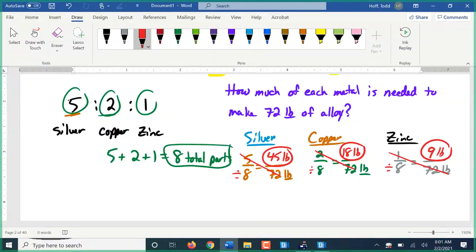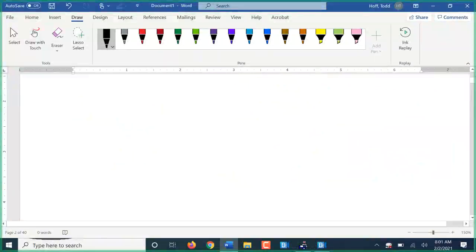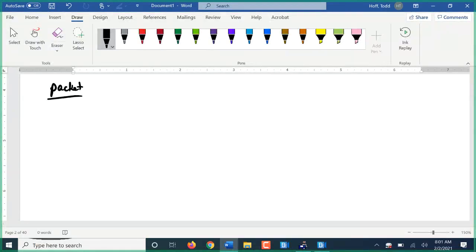Another place where these ratios, well, you know what, I'm going to hold off on those till tomorrow. For right now, in the packet, we had you do up numbers to page number 72. Sorry, 73 and 74. 73, 74.